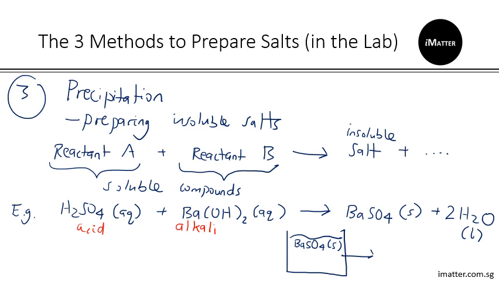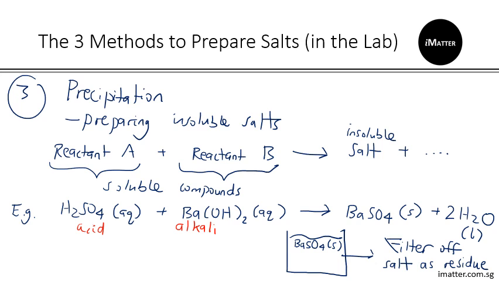Because the next step is going to be a filtration step. You filter off your insoluble salt. So in this case, your salt should be in the residue from the filtration process.